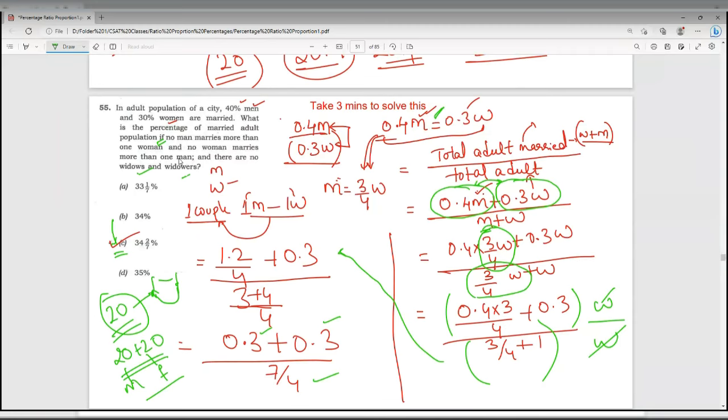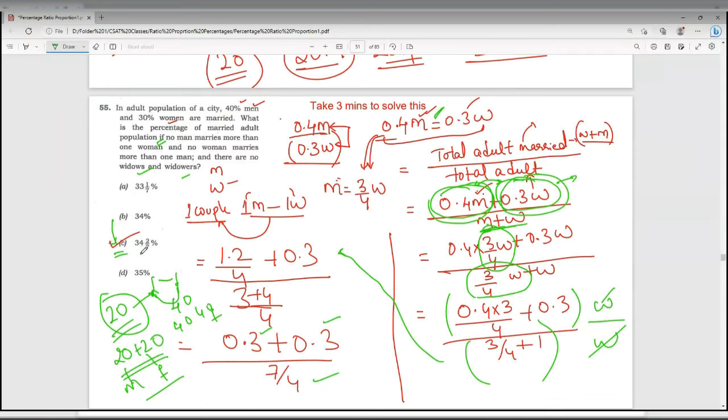So if there are 40 couples, there would be 40 males and 40 females. This is the population of males that are married, and this is the population of females that are married. So this is the married adult population. And this is the total, men plus women, the total men and women. This is the total population. So that's what they're asking here.